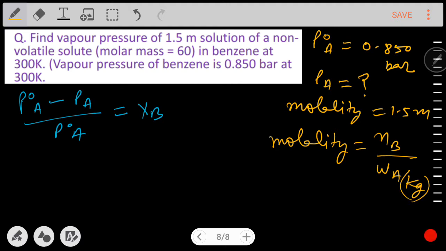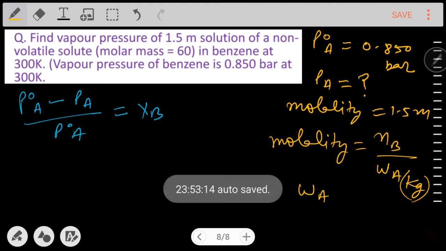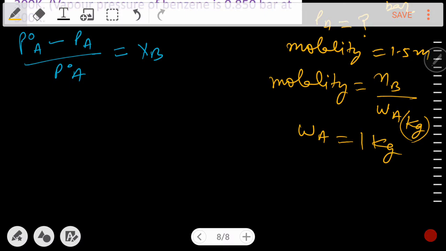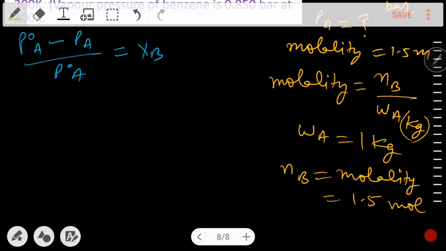Suppose Wa is 1 kg. Suppose the solution contains 1 kg of the solvent, then as per this equation Nb becomes equal to molarity and its value is 1.5, so Nb becomes 1.5 mole. So we have determined the value of Nb, and the value of Wa is 1 kg. So what is Na? Na is Wa by Ma.